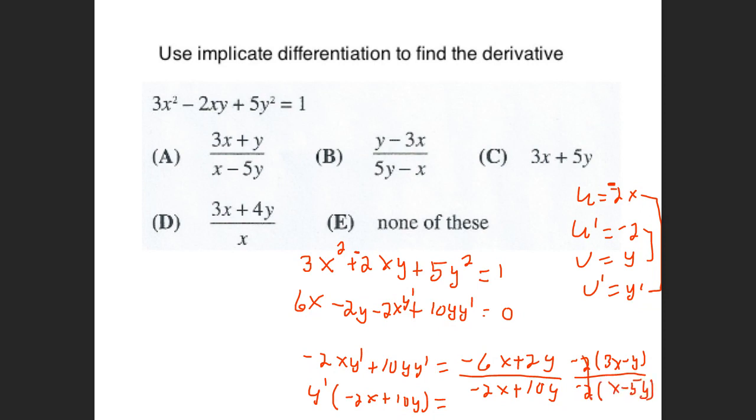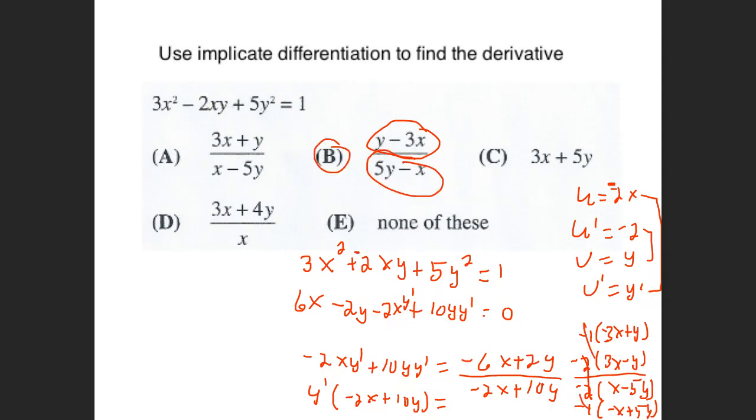Those cross off. Okay, do I have something with 3x? Nope, that doesn't work. Let's say I pull out a negative 1 here. That gives me negative 3x plus y on top, and that looks like this one here. And if I pull a negative 1 out of the bottom, I'm left with negative x plus 5y. That's this one here, and the negative 1's cross off.